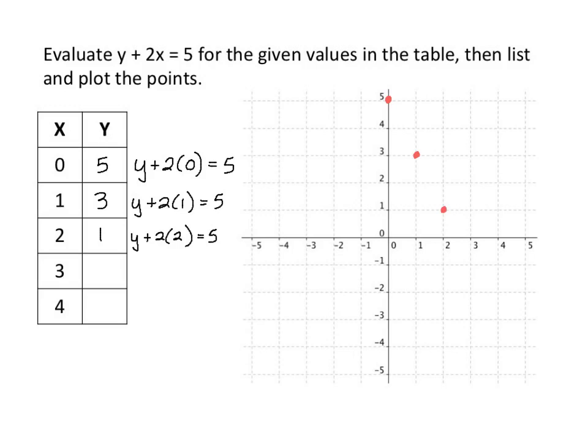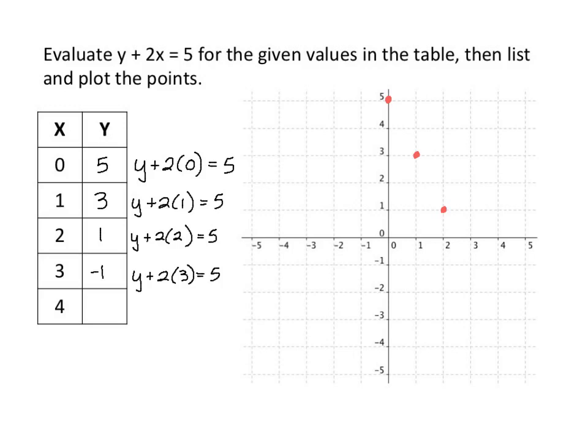Our fourth point I can plug in is the x value of 3. So that's literally y plus 2 times 3 equals 5. And I know 2 times 3 is 6, and that negative 1 plus 6 is 5, so my y value must be negative 1. So my next value is going to be at 3, negative 1.